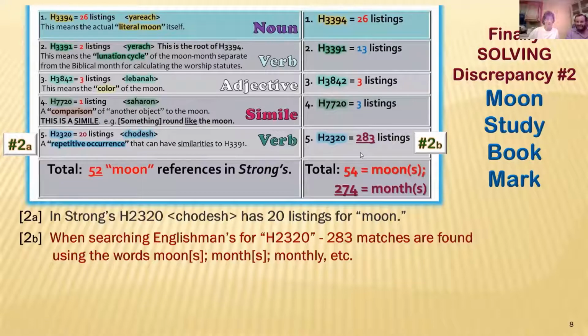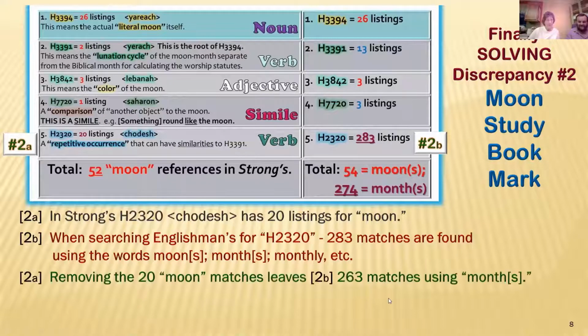Because it's talking about from one month to another, or one moon to another, in Isaiah. So that number is in there too. If you remove 20 moon matches, if you take 20 away from this 283, you're going to be left with 263, right? So we subtract out those 20 moon ones, and we're going to be left with 263 hits or matches that say months, okay?